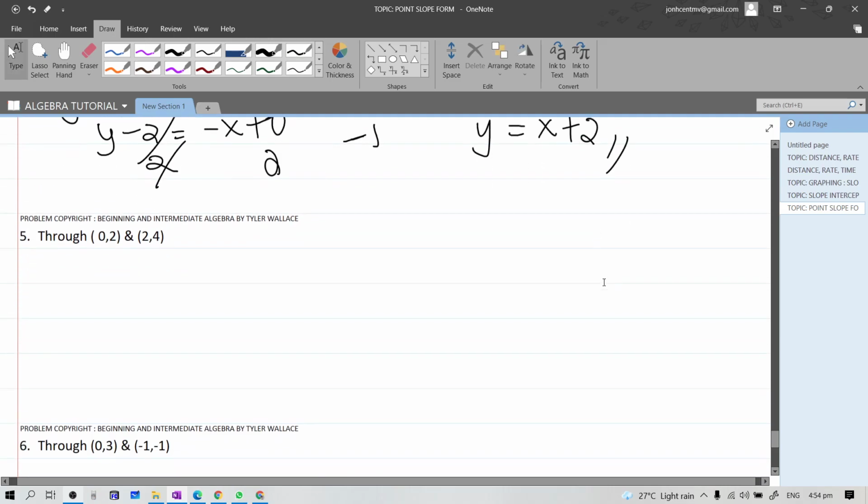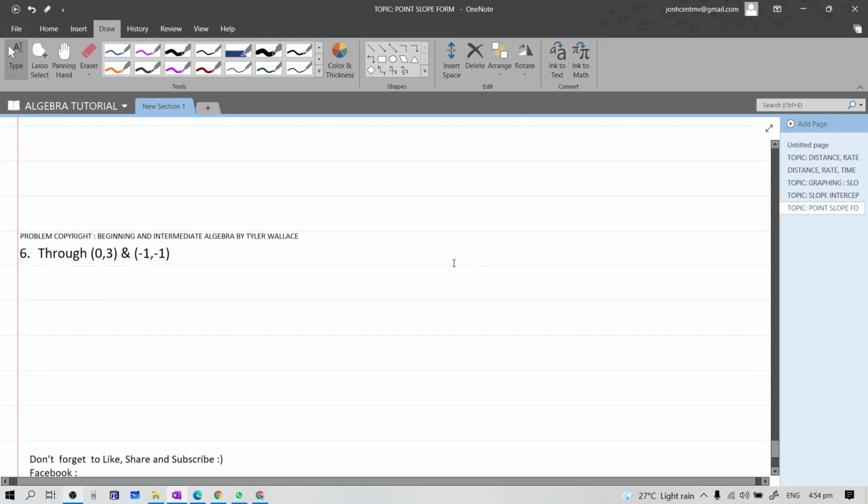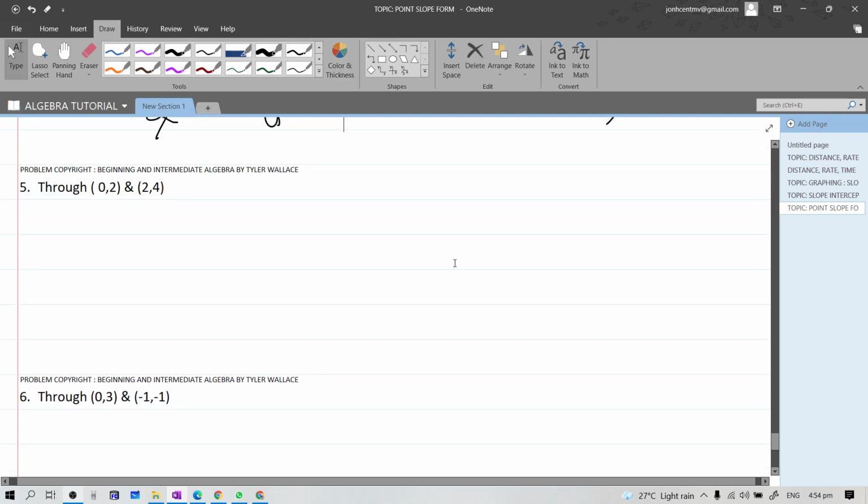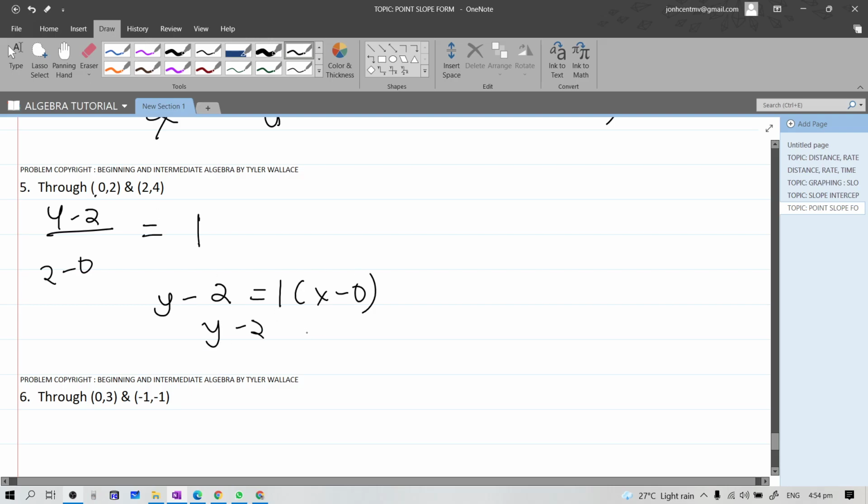Okay? Last 2 problems. (0, 2) and (2, 4). We have 4 minus 2 over 2 minus 0. We will have 1. Then, we will have y minus 2 is equals to 1 times x minus 0, as your x sub 1.